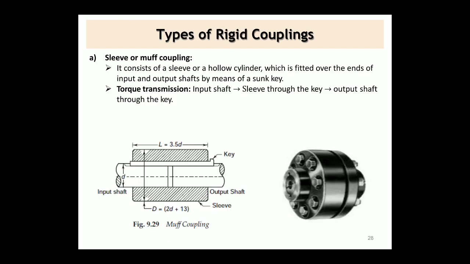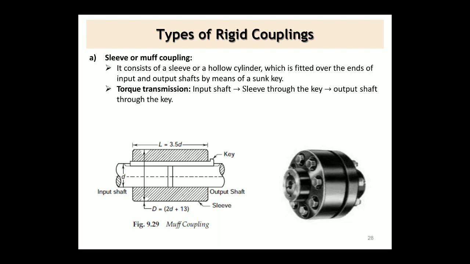So, the first type of rigid coupling is the sleeve or muff coupling. Now, the muff coupling consists of a sleeve or a hollow cylinder which is fitted over the ends of the input and output shaft by means of a sunk key.